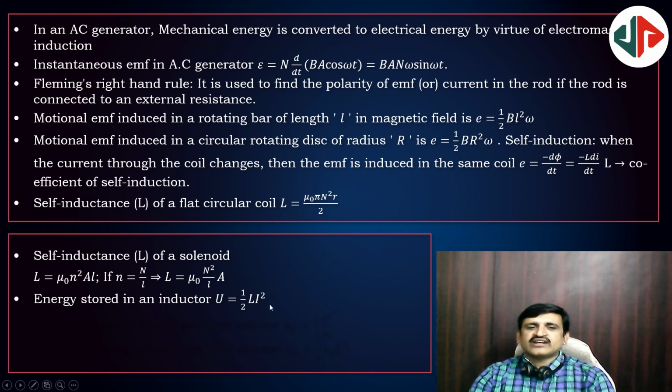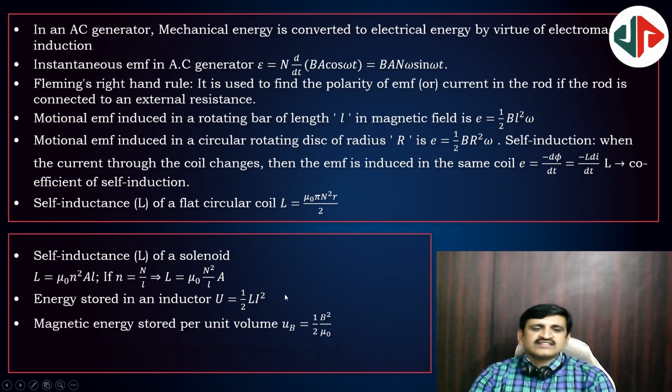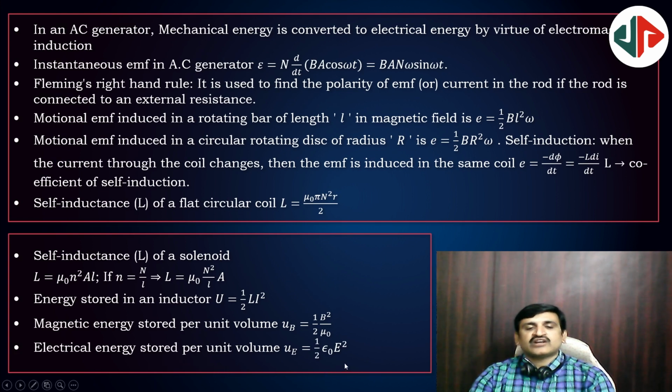Energy stored in an inductor is half L i square, where I is the current and L is self-inductance. Magnetic energy stored per unit volume is half B square by mu naught. Electrical energy stored per unit volume is half epsilon naught E square. These two we usually use with electromagnetic waves.